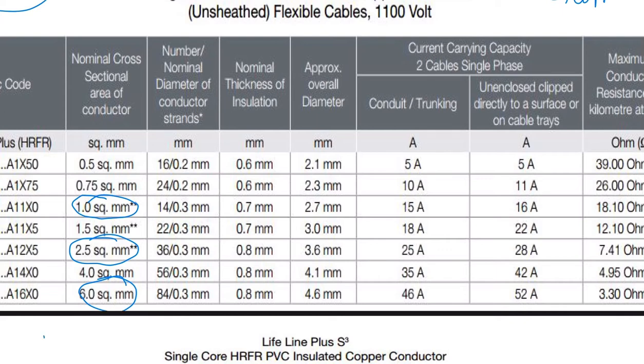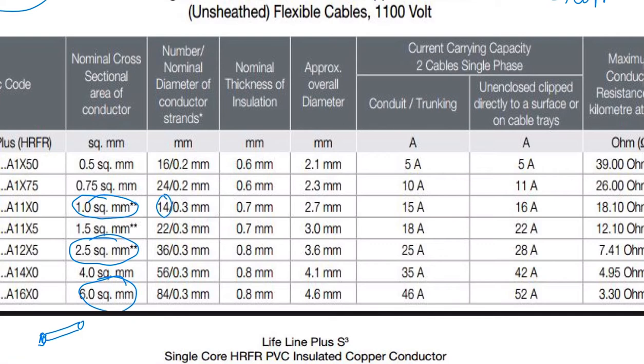So the cross sectional area of this conductor is basically what this square mm reading is. So every wire, based on the cross sectional area on a standard, has a number of conductors.